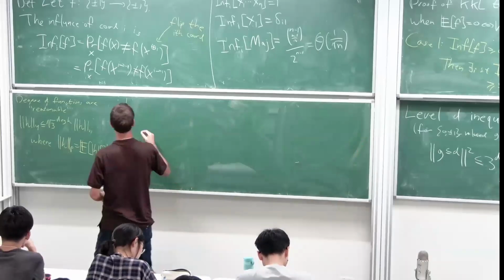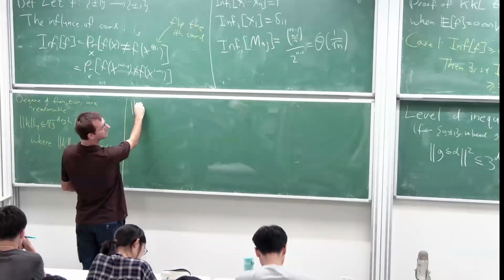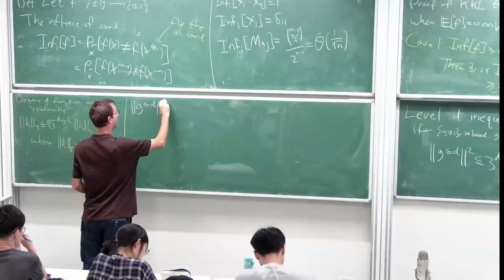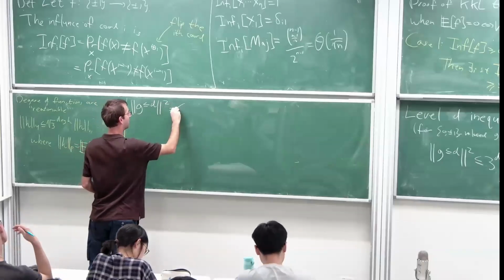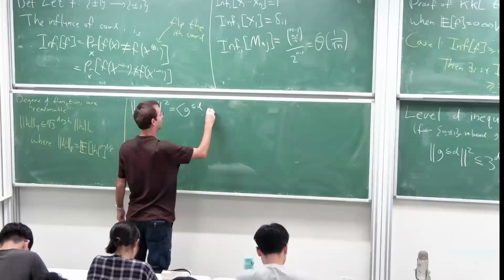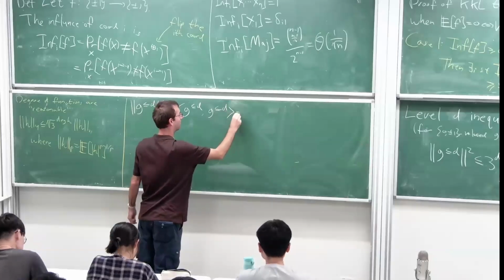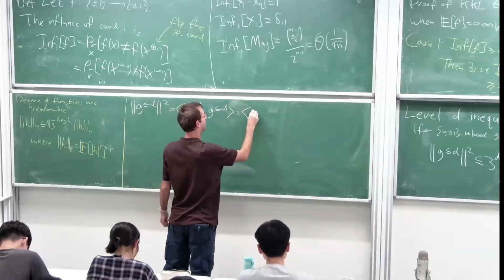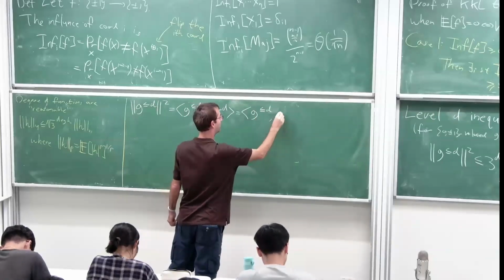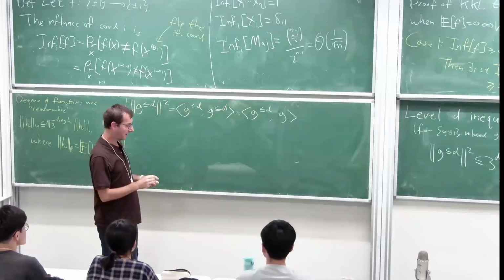Okay, so we want to bound the L2 norm of g at most d, squared. So this is the inner product of g at most d with g at most d. But this is also the inner product between g at most d and g. Why is this the case?